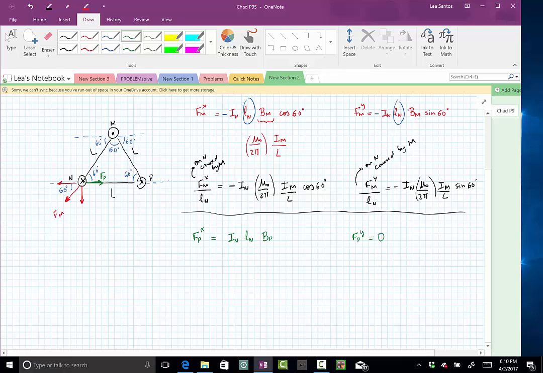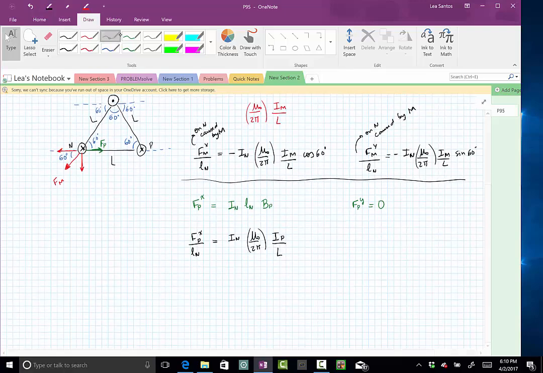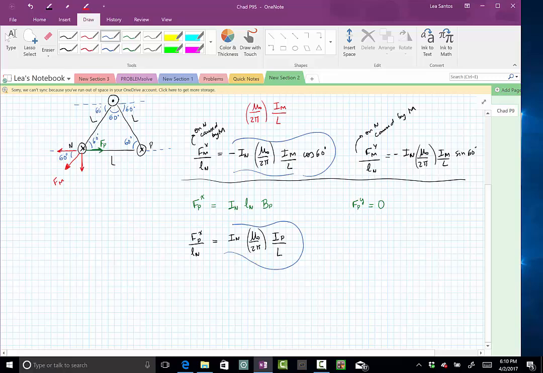Okay, so all that you have to do here is this force caused by P on the wire N per unit length, right, will be equal to In. And this field, what is this field? This constant, the current that goes through P, and the distance between P and N, and this is also L. Okay, so what we need to do now, we have to put all of these x components, this one here and this one here together.